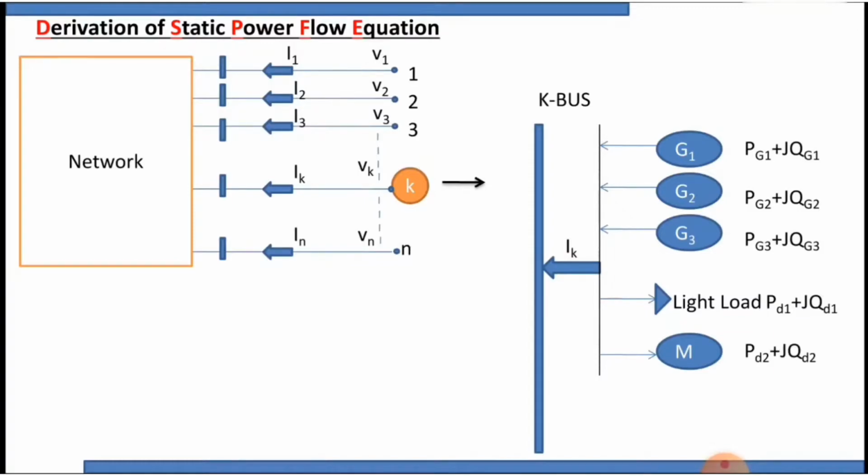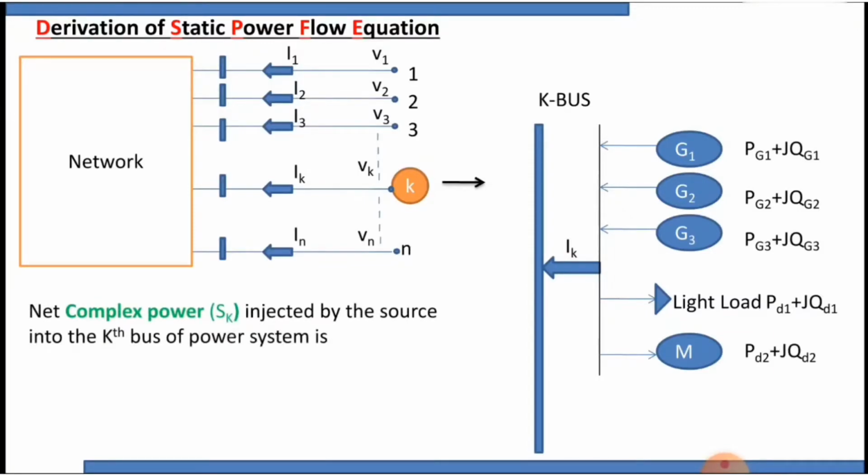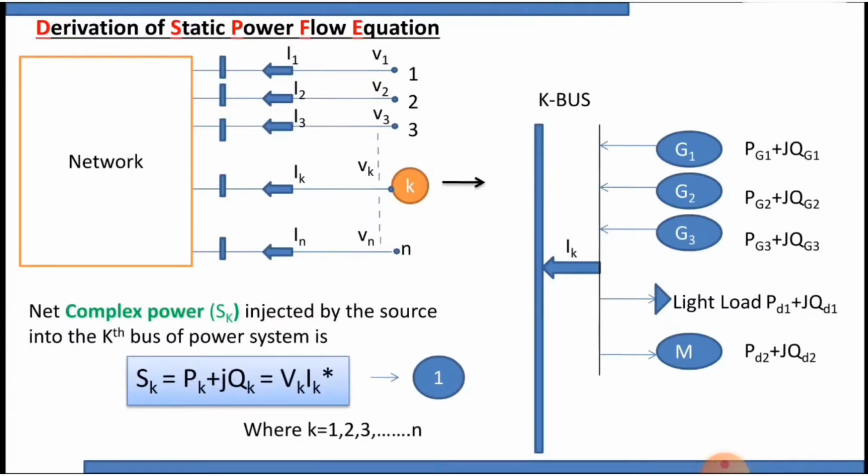Here the net complex power S suffix k injected by the source into the kth bus of the power system is represented as Sk is equal to Pk plus jQk. It is equal to Vk into Ik conjugate. P represents the active power and Q represents the reactive power.